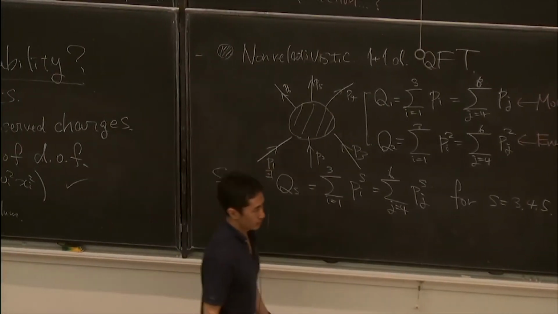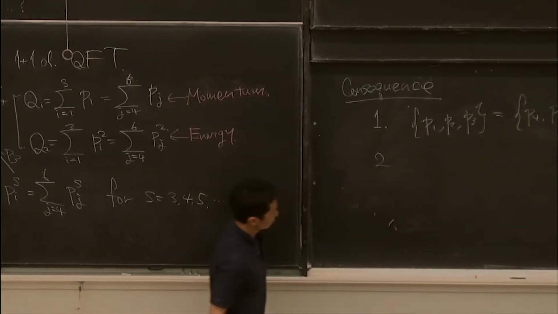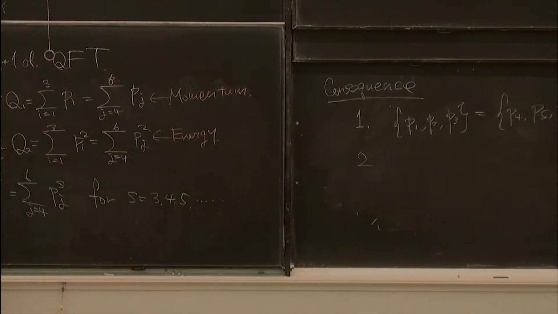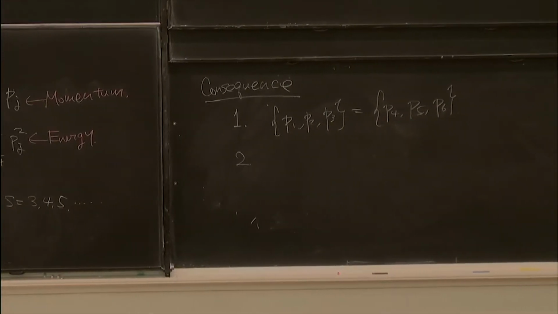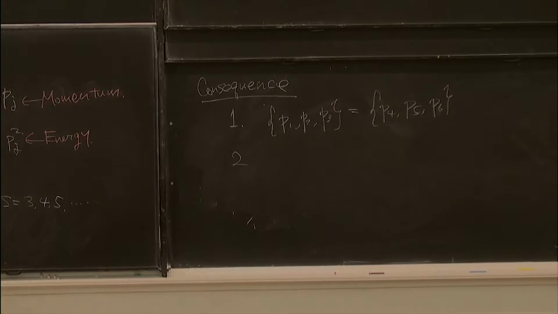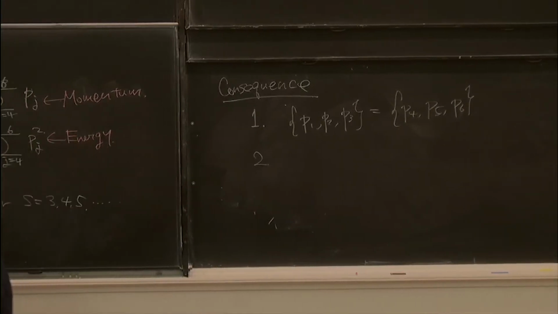So this is one consequence. But this is not so deep, because it just restricts the kinematics. I also want to discuss a deeper dynamical consequence of the existence of infinitely many charges.